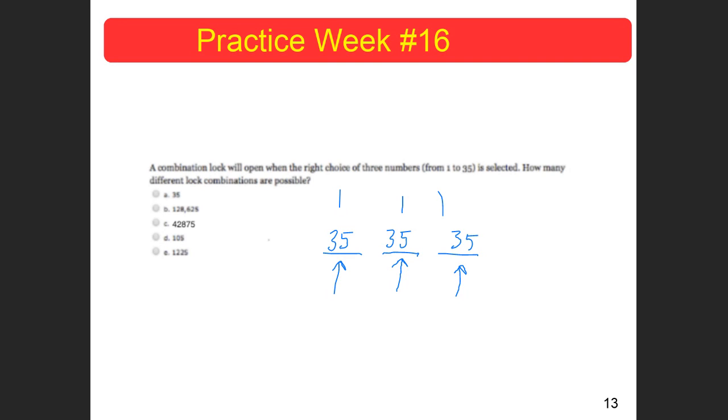What should the correct answer be there? No, nobody has a calculator today? Letter C, 42,875. All right.